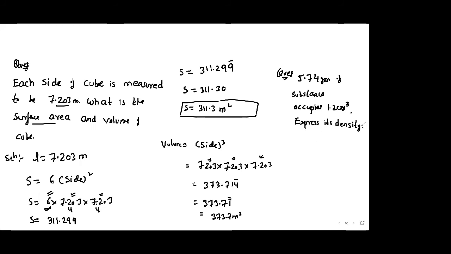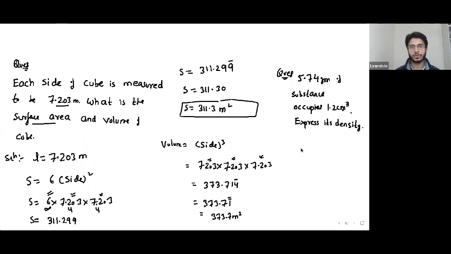Calculate density. Your density is mass by volume. You take it as 5.74 divided by volume, 1.2. When you round it off, it comes out to be 4.2 gram per centimeter cube. Very good. So that was about significant figures.